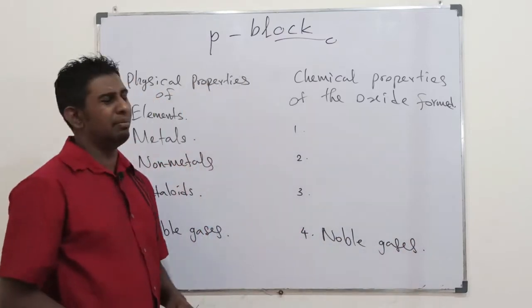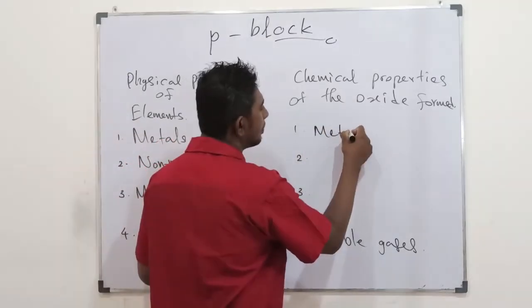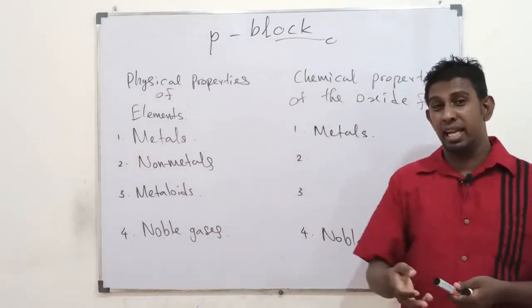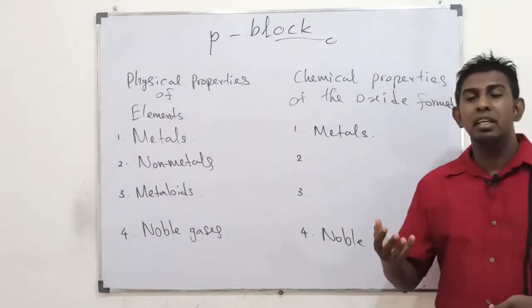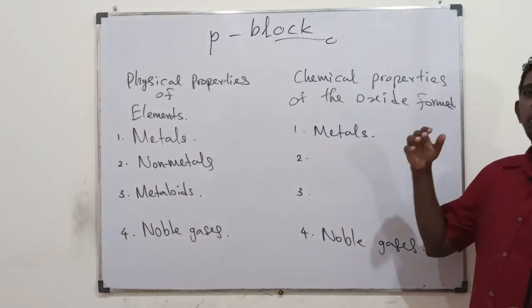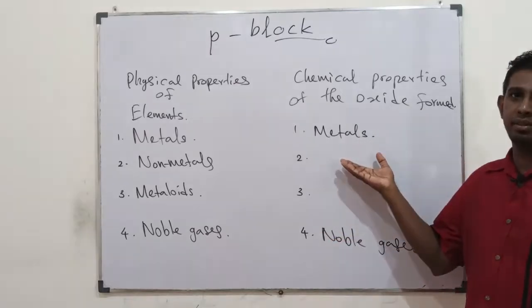Noble gases are the same for both, and metals here were the elements which formed basic oxides. With the fact that generally basic oxides are formed by metals, those elements which form basic oxides were named as metals.